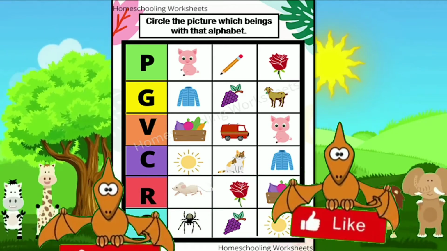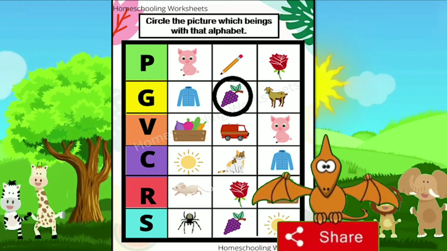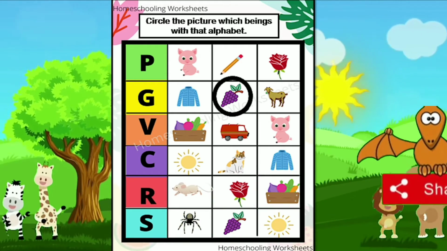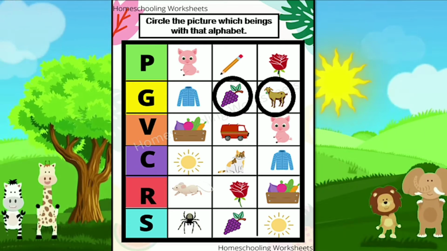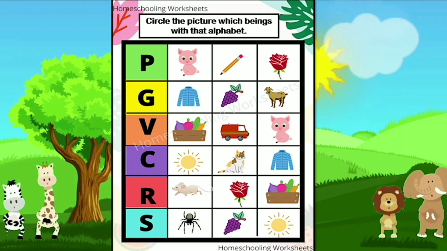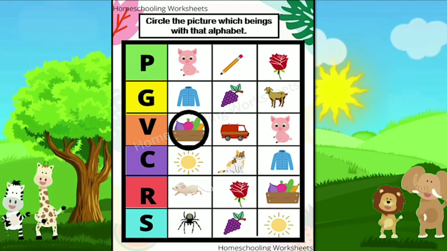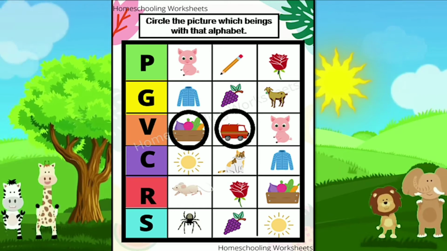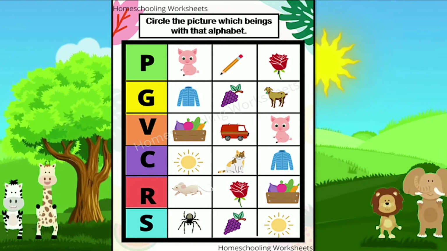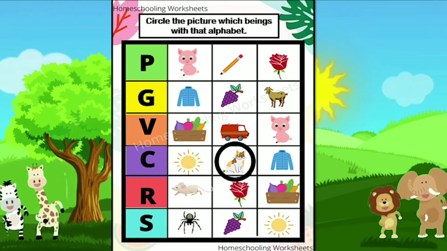G for grapes. G for goat. V for vegetables. V for van. C for cat.